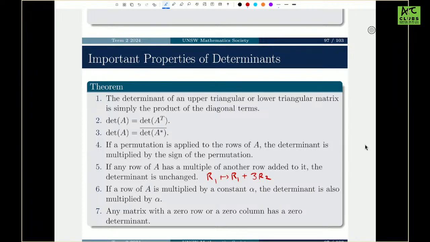We can apply Gaussian elimination to simplify matrices into a form that's easier to compute. So number 6, if a row of A is multiplied by a constant alpha, the determinant is also multiplied by alpha.